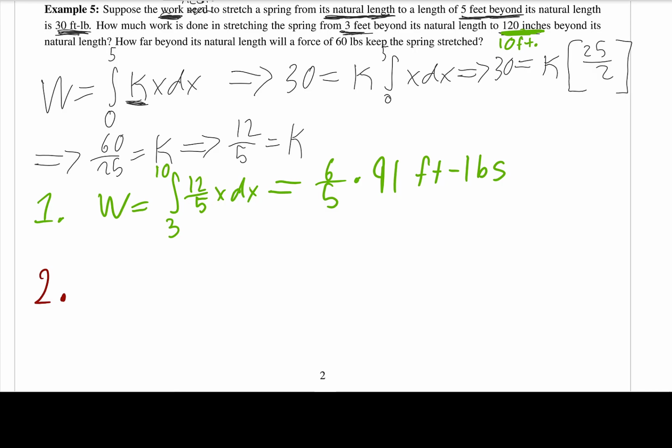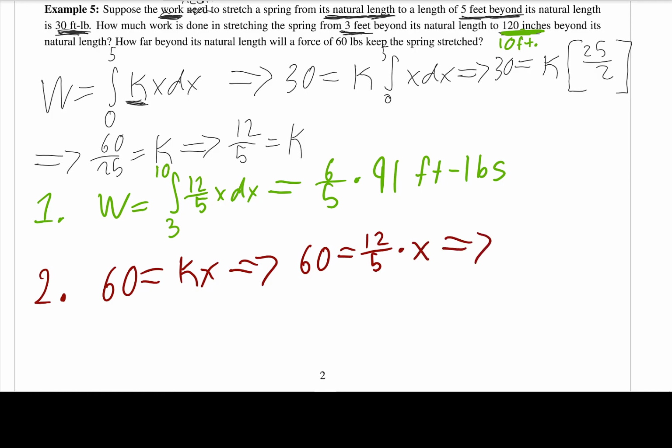So we have a force of 60 pounds, and that has to be proportional to how far the spring is being stretched. Well, that's going to be k times x. But we already know what k is. K is 12 over 5. So this is 60 equals 12 over 5 times x.